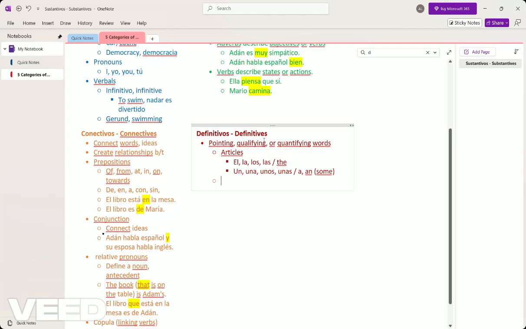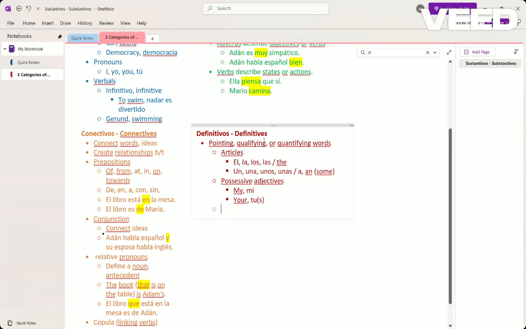And then we also have possessive adjectives, like my or mi, your or tu, with no accent, or tus. Okay, there are a lot of these.